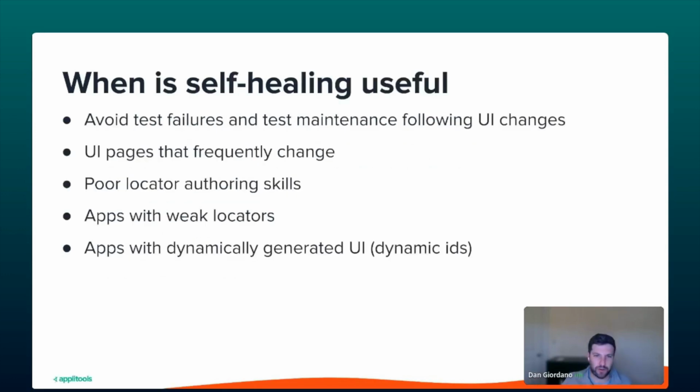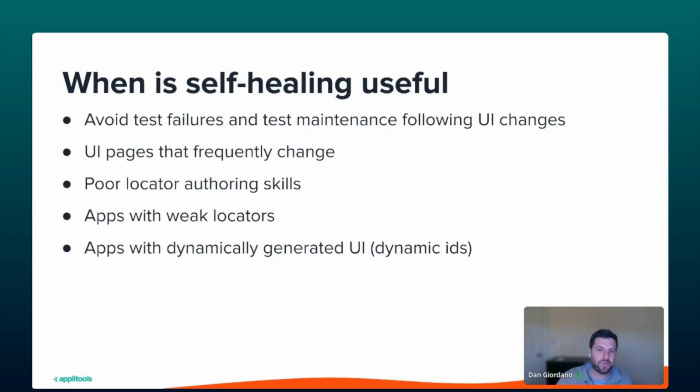So when is this useful, and when does it most benefit testing teams? The first two are very similar: following UI changes, being able to run the test through, as long as you're asserting the end output and not the middling steps, this is great. We can make constant changes to the UI, still run a test through, see if it passes, and not worry about maintaining that test.